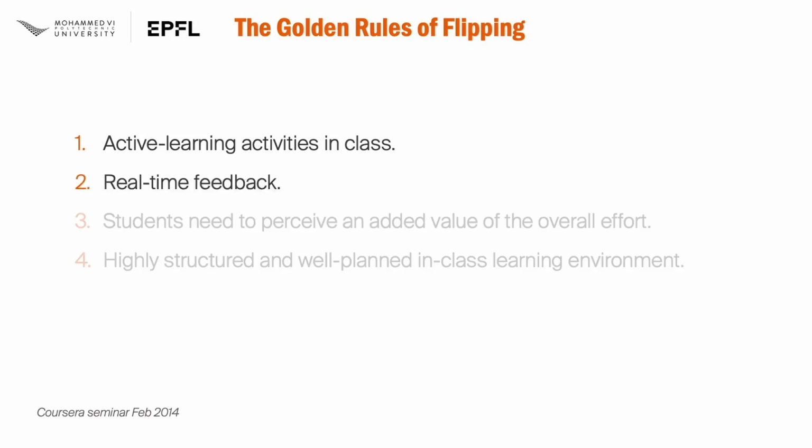When students are provided with real-time feedback, it gives them a real boost to motivation and engagement. The completion of work outside the classroom, as well as the participation in in-class activities, needs to account for a small but significant part of the student's grade. Students need to perceive an added value of the overall effort.